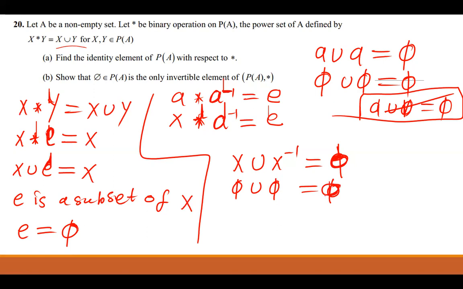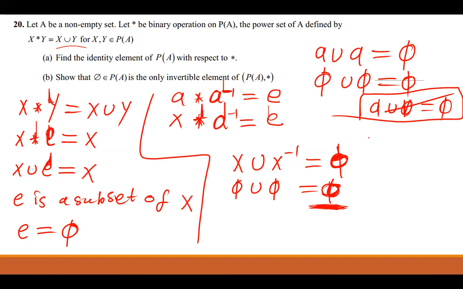So this implies that the only element that is invertible in this expression is the empty set, which is phi. So the only element that is invertible in this power set of A is simply phi.